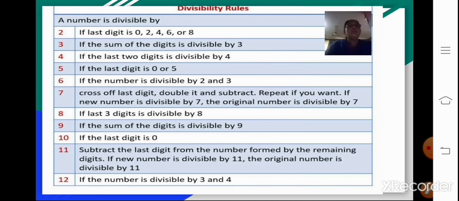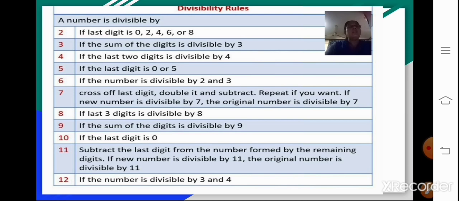Same way, for the divisibility rule of 8, the last 3 digits should be divisible by 8. For 9, if the sum of the digits is divisible by 9, then the number is also divisible by 9. A number is divisible by 10 if the last digit is 0.